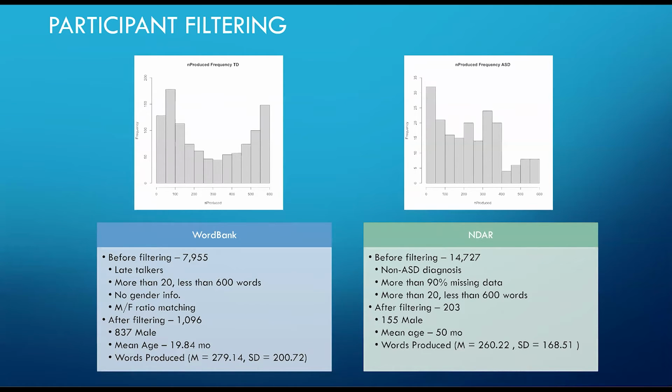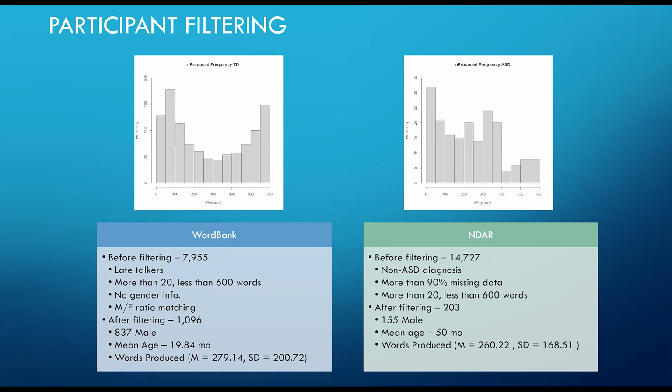We also filtered out people who knew less than 20 and more than 600 words, those without gender information, and also to satisfy a male-female ratio that is equal to our ASD group. We ended up with 1,096 individuals, with 837 being male, the average age of around 20 months, and the mean words produced at around 280.